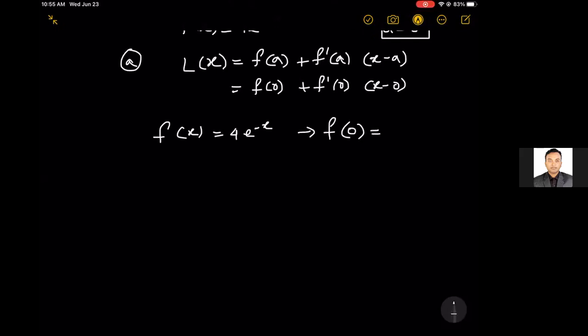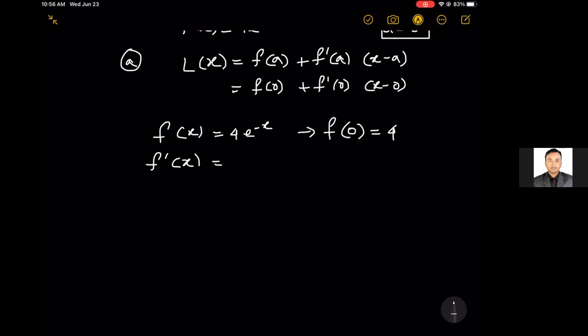What's the functional value? Someone from group 1? 4. Very good. Because e to the 0 is 1, so it would be 4. Then let's find the first derivative. What's the first derivative? Someone from the second group? We got -4 over e to the x.